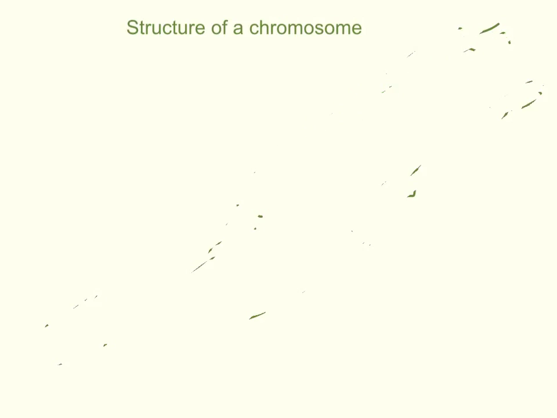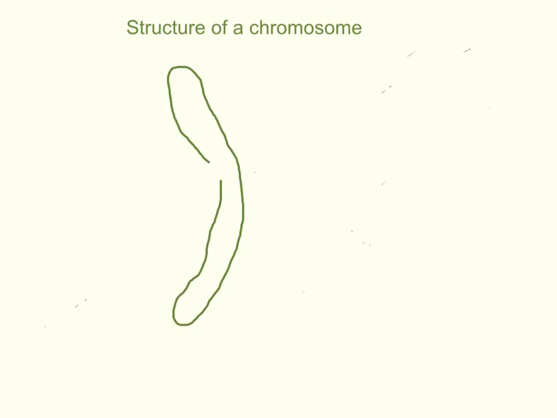Okay, so what do the chromosomes look like when they're in their condensed form for mitosis and meiosis? So we're still talking about DNA, but in its condensed version. First of all, what is that?